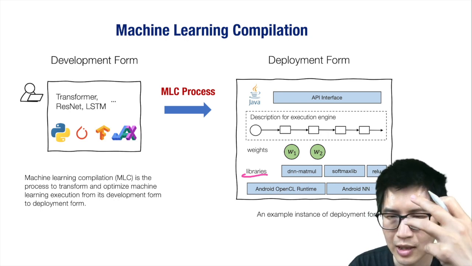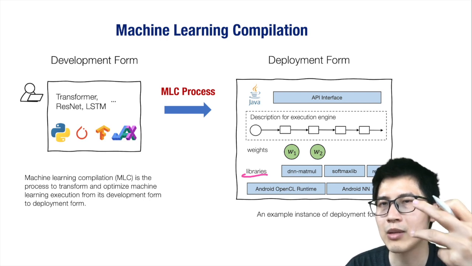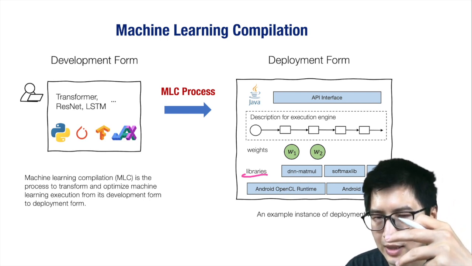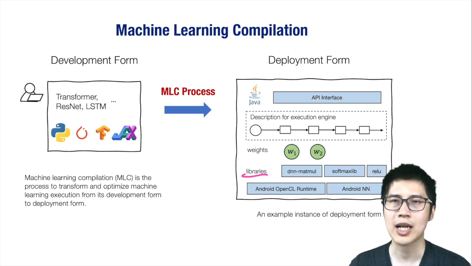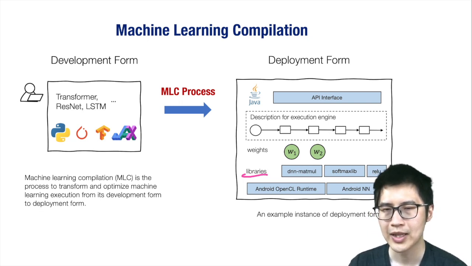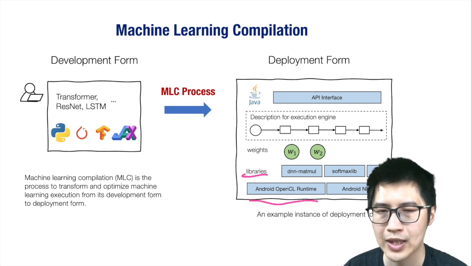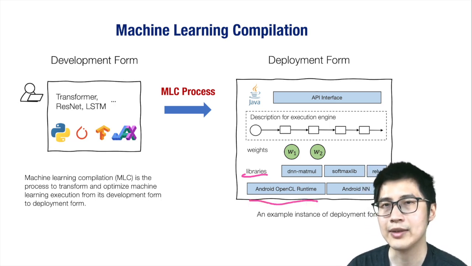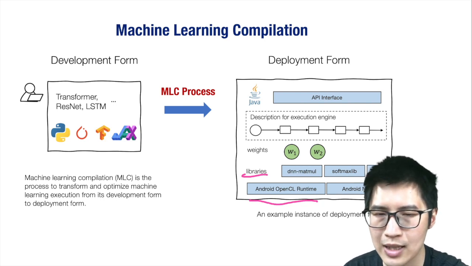And finally, those libraries will need to be run on some of the environments that execute those. For example, if you want to leverage the on-device GPU that comes with Android devices, then we want to be able to run them on things like the Android OpenCL runtime, or maybe if there's native acceleration going on through some accelerators, we might need to leverage some of the native libraries such as the Android NNAPI.